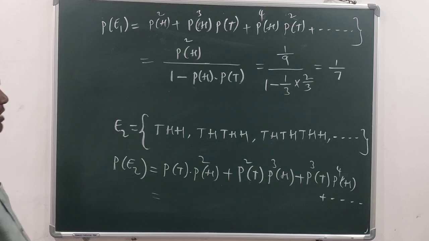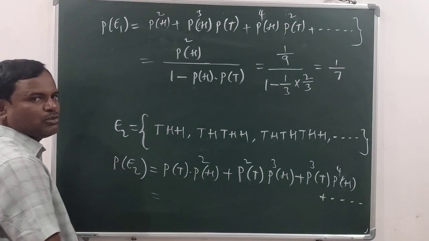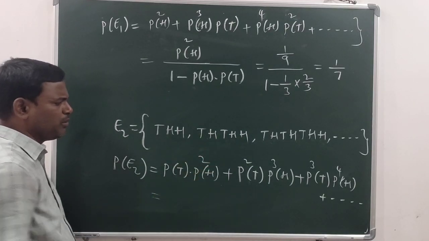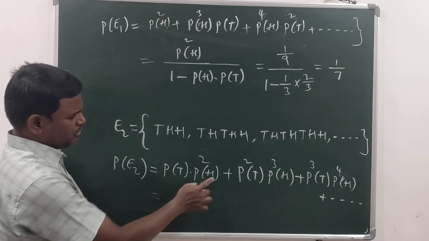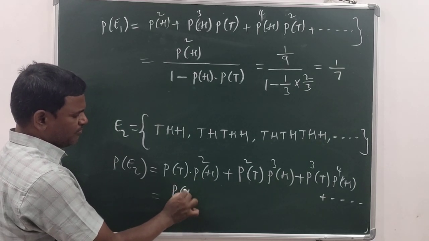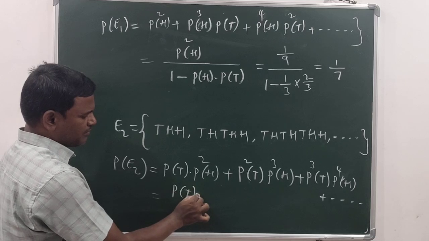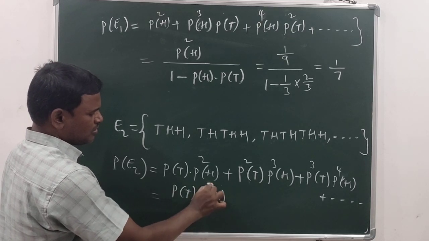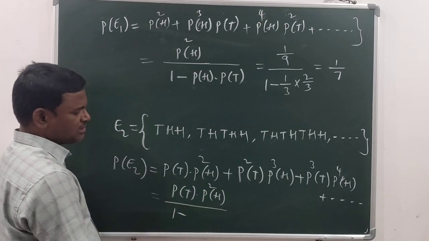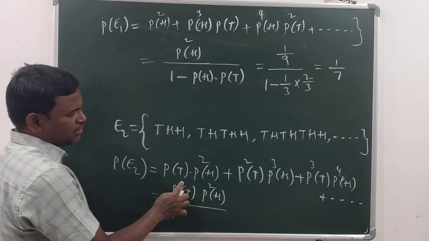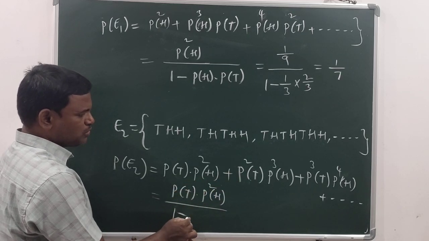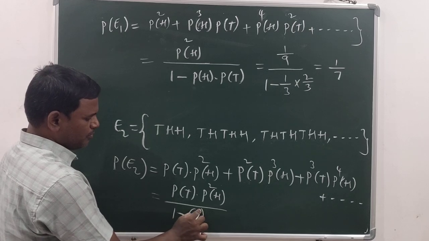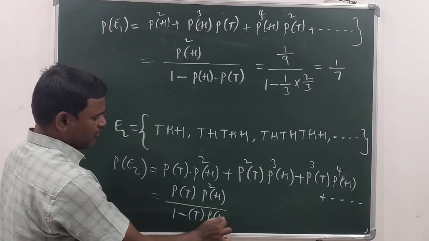Students, otherwise you can take P of T into P of H whole square common. Otherwise directly you can do, no problem at all. So here first term is P of T into P of H whole square by 1 minus this by this. So if you divide this by this, P of T into P of H only will come. P of T into P of H.